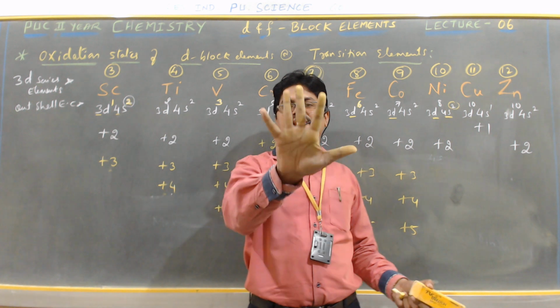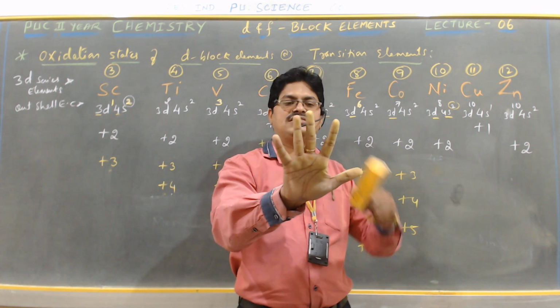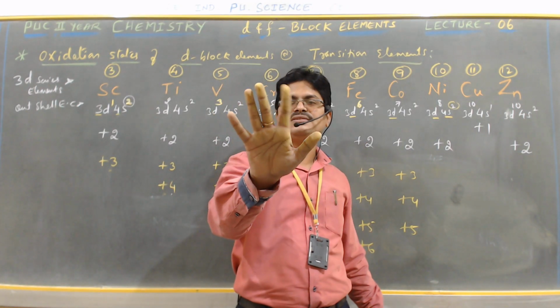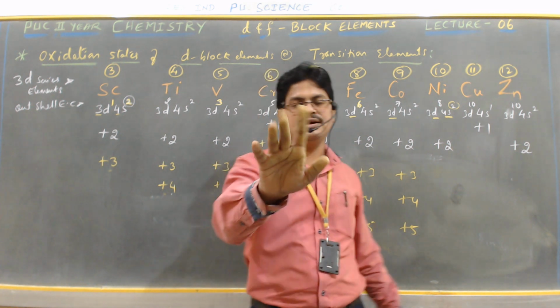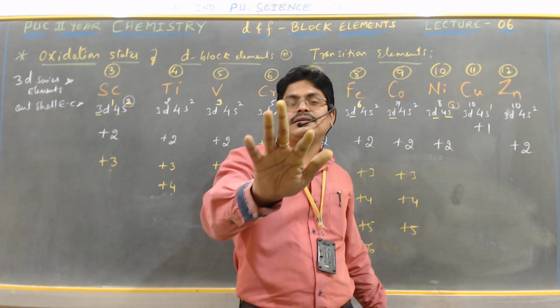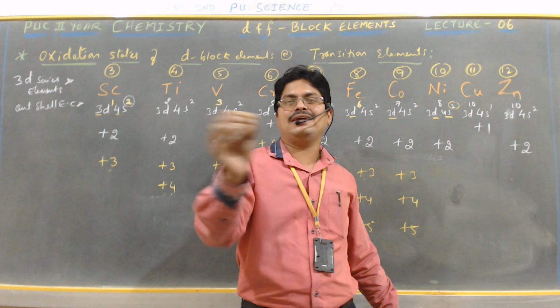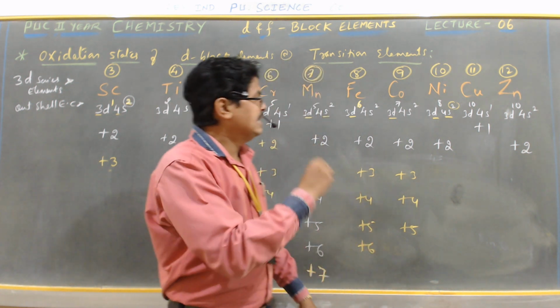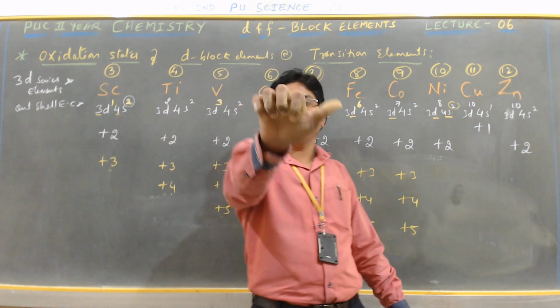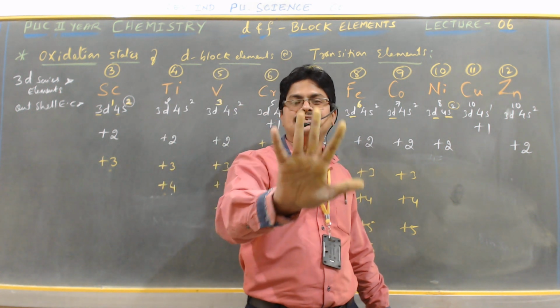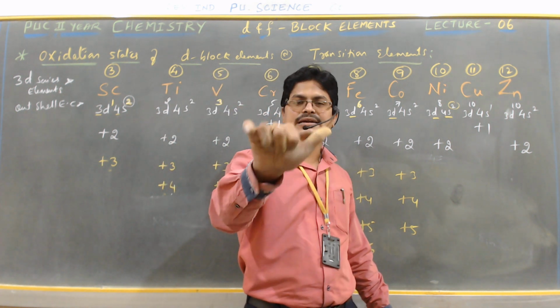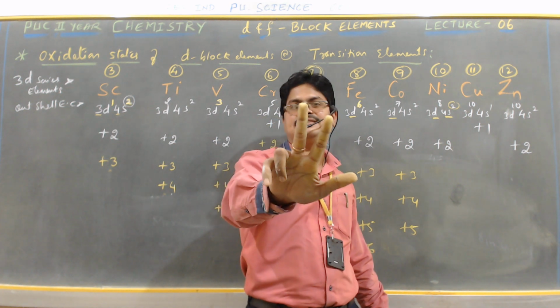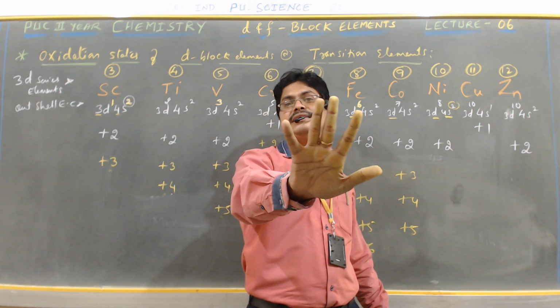Consider your 5 fingers as the orbitals: dxy, dyz, dzx, and so on. There are 5 suborbitals in the d orbital, so you consider d5 orbitals: dxy, dyz, dxz, dx square, dz square.